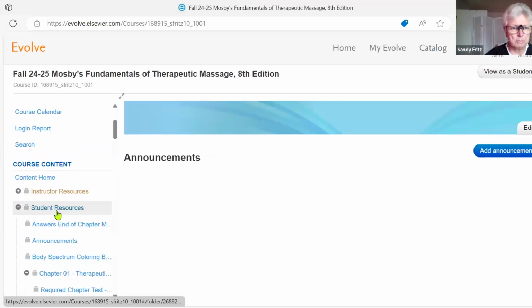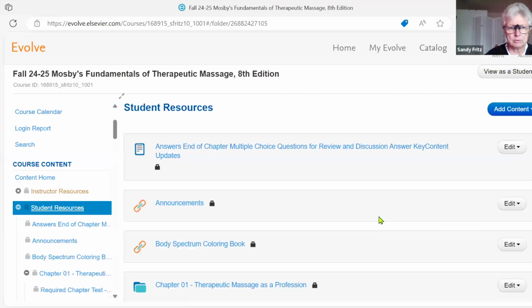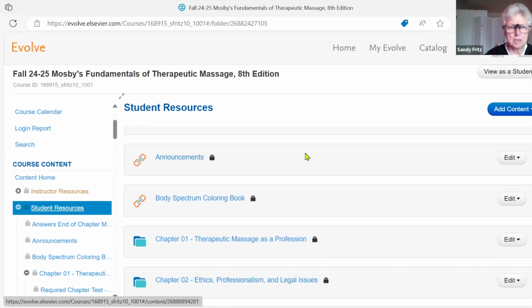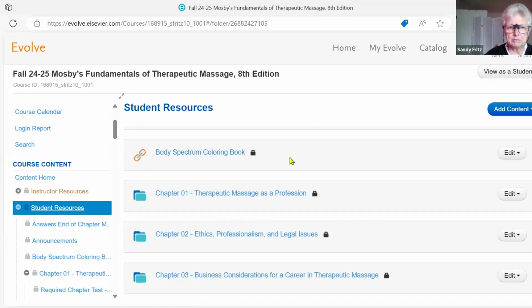And we want student resources. This happens to be the instructor page, so we want student resources. Reminder, here's where the answers are to the end of chapter questions. This body spectrum coloring book is a really nice feature for reviewing anatomy.